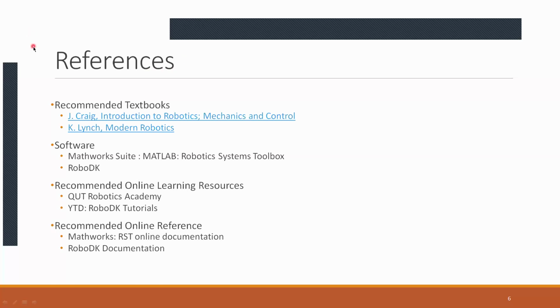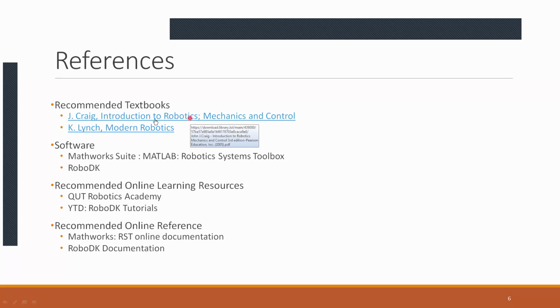As for the references for this whole module, the book Modern Robotics, written by Kevin Lynch and Frank Park, I guess, is what's recommended by the module descriptor, and also this is what I used when I was learning robots as well.